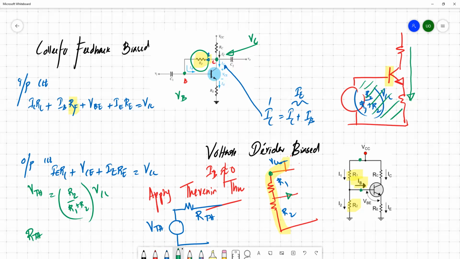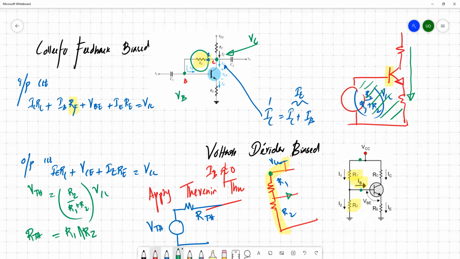Then the equivalent resistance would be R1 in parallel combination with R2. Once you set the supply voltage to 0 to get the Thevenin equivalent resistance, you have the parallel combination of R1 and R2. So this is the Thevenin resistance and this is the Thevenin voltage.